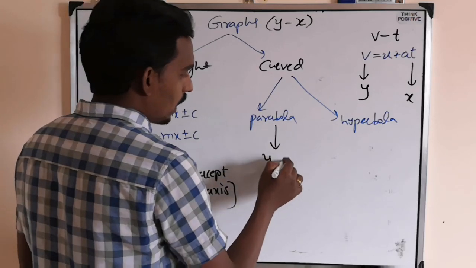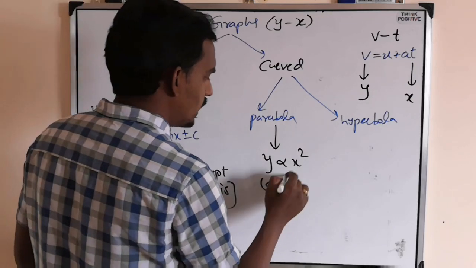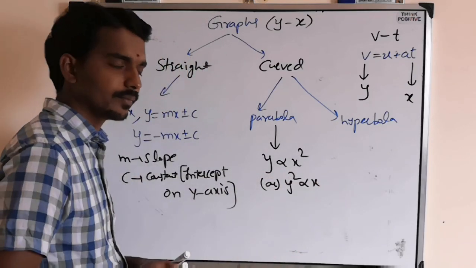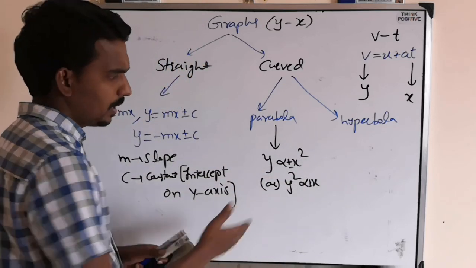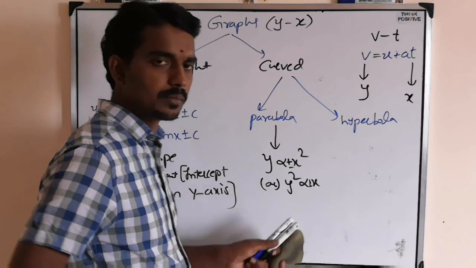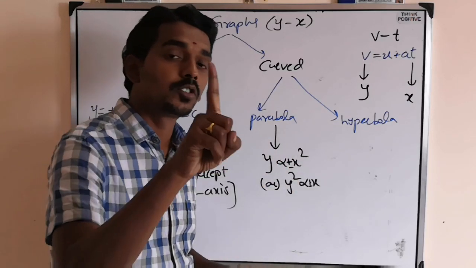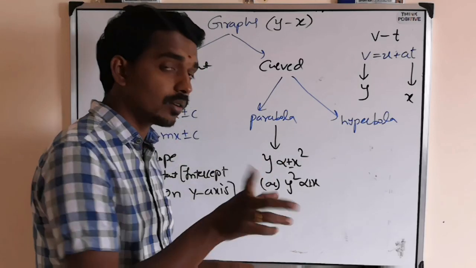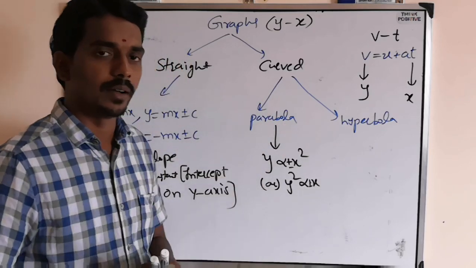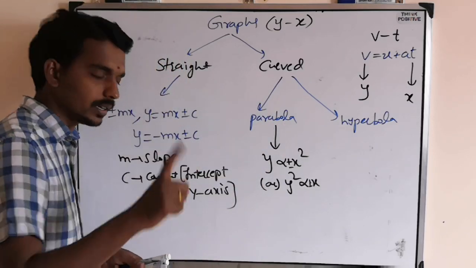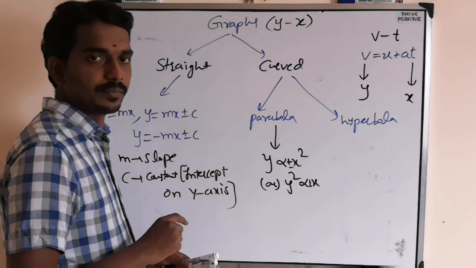Parabola means y proportional to x square or y square proportional to x, or plus or minus, maybe plus x square or minus x square, doesn't matter, but either the x or y power should be 2, only one of them. Then the graph is a parabola. Here the power must be 1 for a straight line. Here the power must be 2.